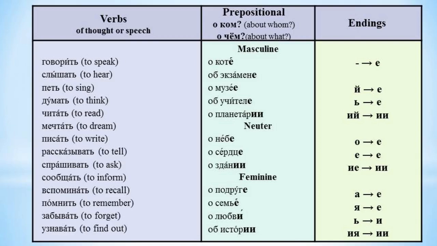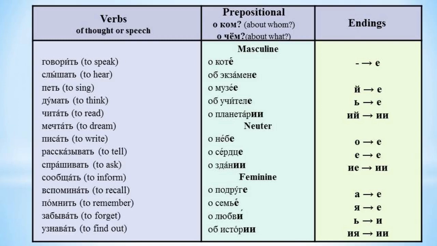So let's read all the words. О коте, об экзамене, о музее, об учителе, о планетарии, о небе, о сердце, о здании, о подруге, о семье, о любви, об истории. I want to draw your attention to nouns with a soft sign at the end. Please take a look at masculine and feminine.